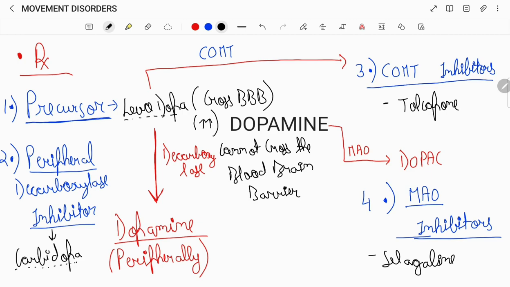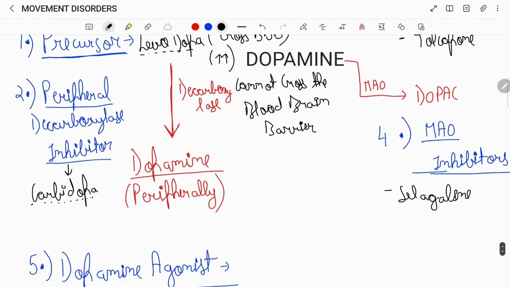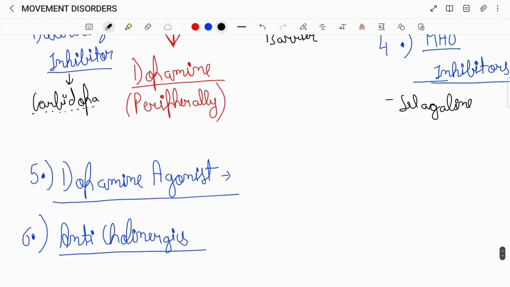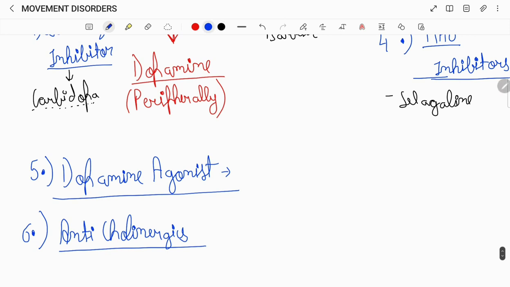Now let us move on to the next part, that is drugs which act as dopamine agonists. And drugs which act as dopamine agonists include ropinirole.